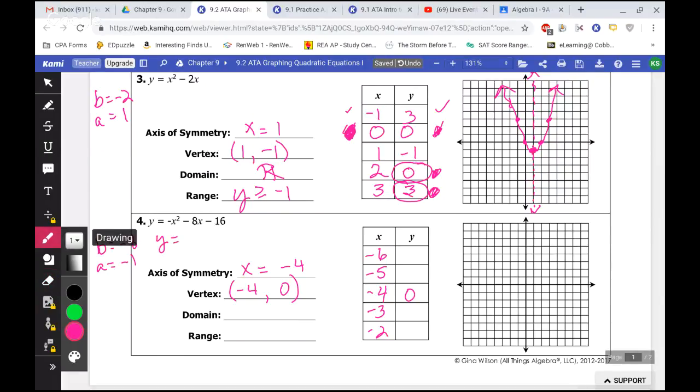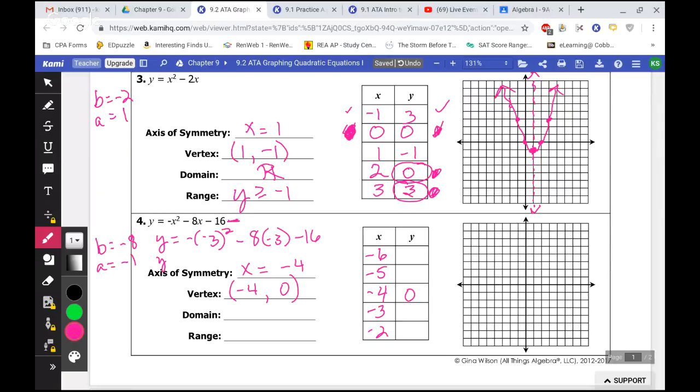Now, what did we pick for number 4 as the values we want to plug back in? Negative 2 and negative 3. Those are the ones I'd pick. So I'm going to take that negative 3 and plug it into this equation to find the y coordinate. Negative 3 squared minus 8 times negative 3 minus 16.